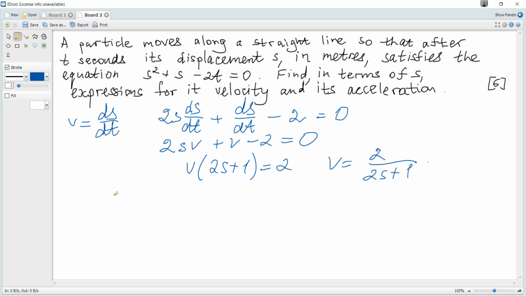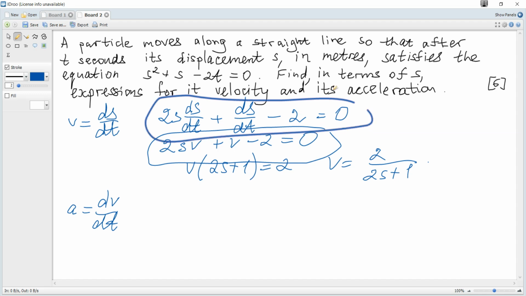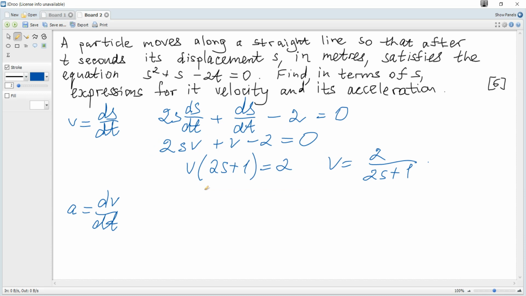And we know that acceleration is the rate of change of velocity, so it's dv/dt, or the second derivative of displacement. To arrive at dv/dt, we differentiate again, either this or the earlier equation, it doesn't matter. So let's consider this one, and we can see a product of two functions, hence we should apply the product rule.